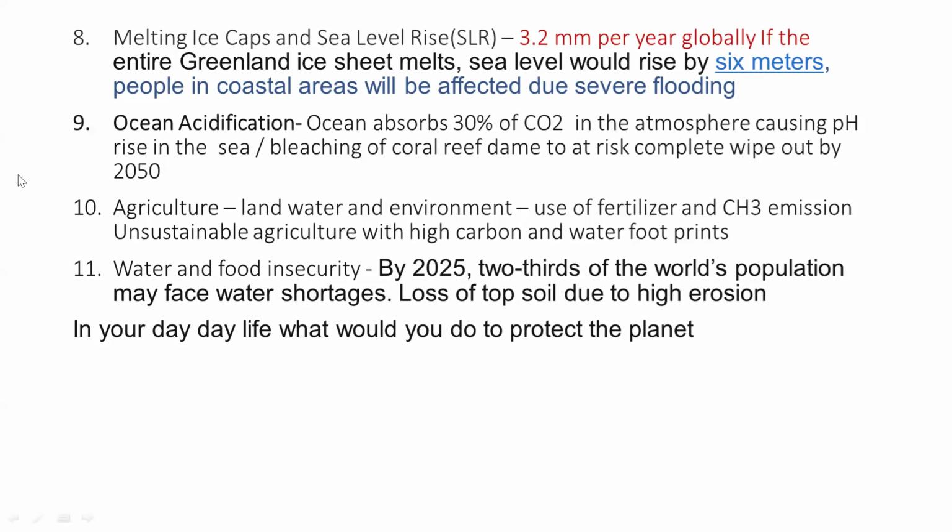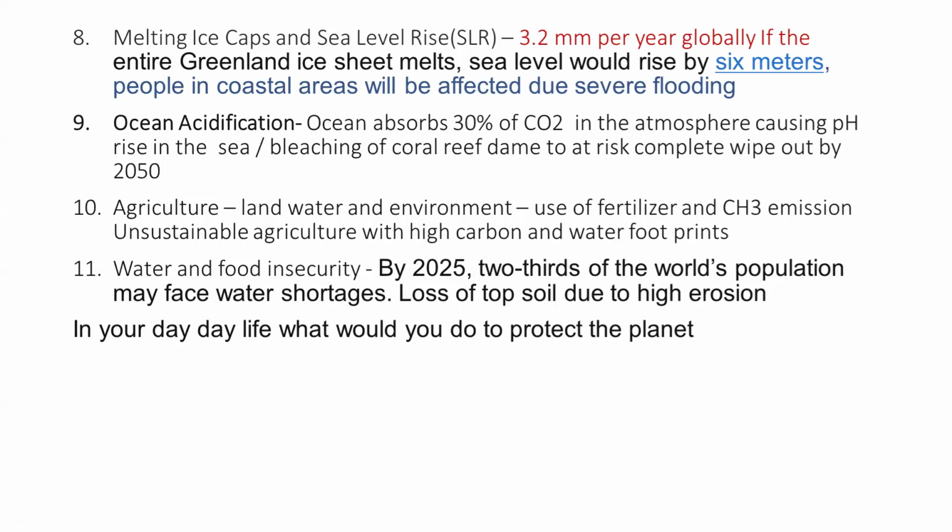Bleaching and coral reef damage may completely wipe out coral reefs by 2050. Then agriculture, land, water and environment: use of fertilizer and methane emission, unsustainable agriculture with high carbon and water footprint.